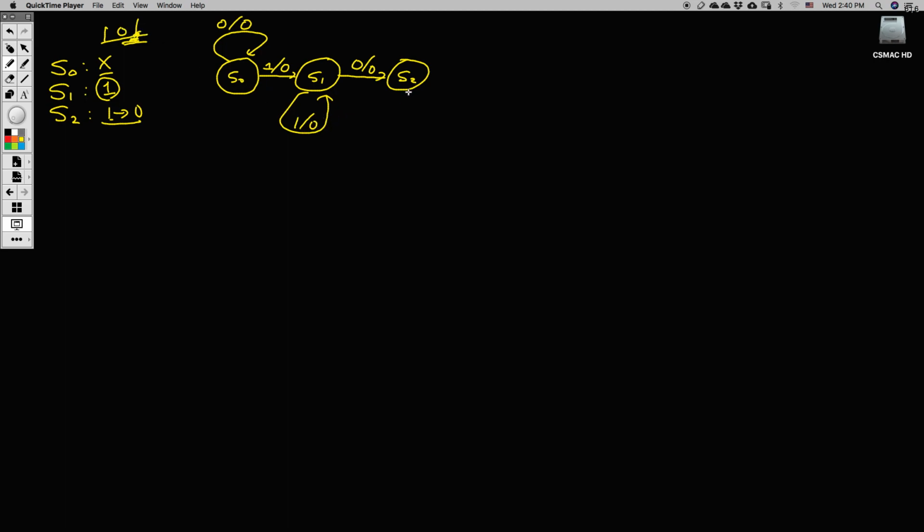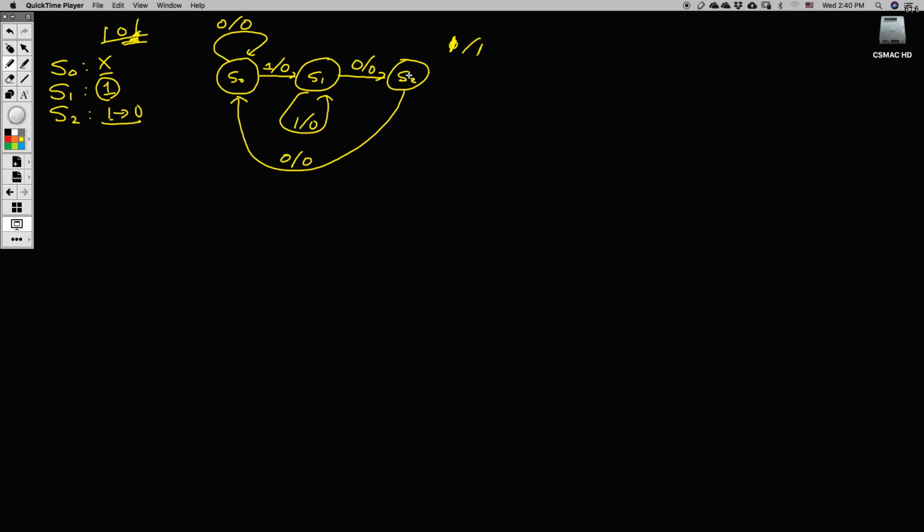So it's not the next pattern yet, so it remains there. In state 2, I've received 1 and then 0. Now, if I receive a 0, then 1 0 0 is not part of the pattern, so I need to go back to the very first state 0. It completely voids the pattern. But if I receive a 1, then the output is 1: pattern 101 is detected.